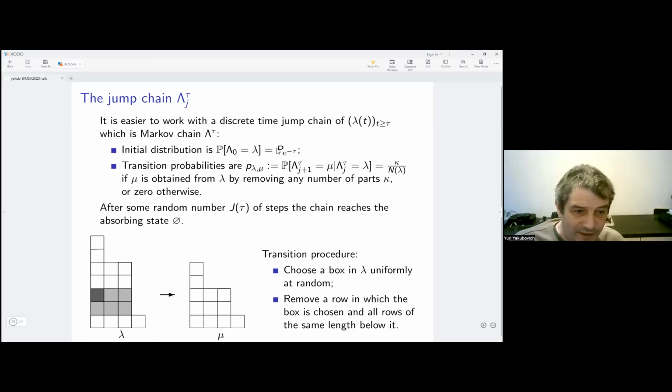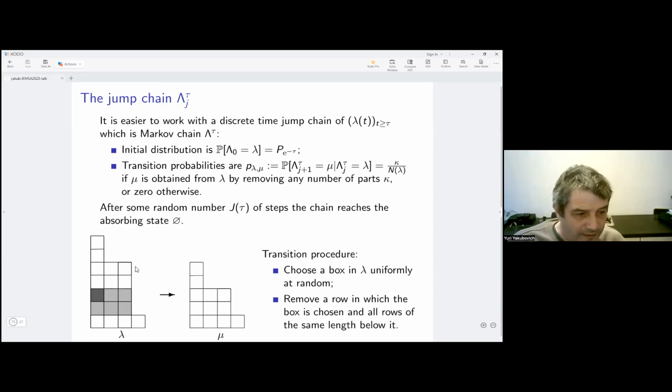We first take some random partition lambda 0, which has this initial distribution, and given we have some partition lambda, the next partition will be a partition obtained by removing some number of equal parts, and we remove any number of parts k with the same probability k over n, where n is the area of the Young diagram. And so the combinatorial description is very simple.